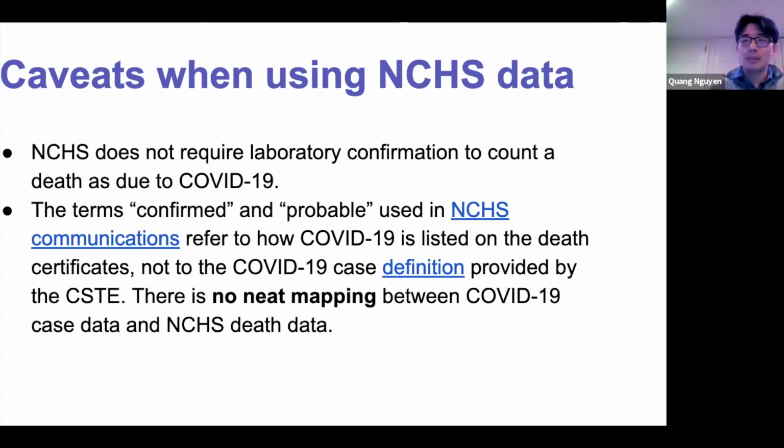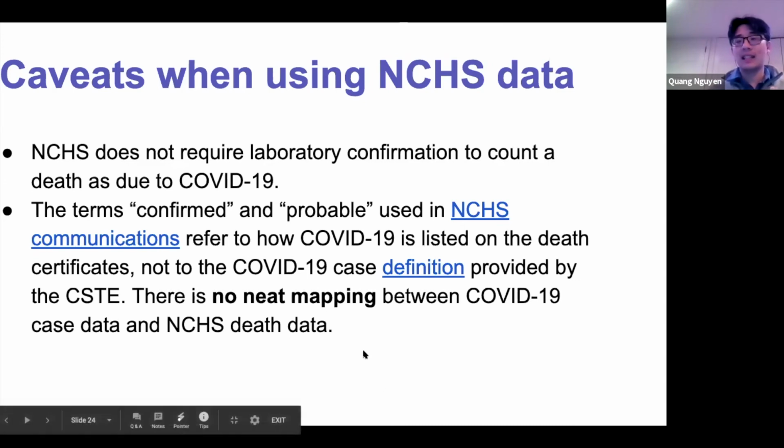The terms confirmed and probable in NCHS communication are a bit confusing, but most of the time they refer to the way that physicians sometimes strongly suspect that someone might die of COVID-19, so they put probable or presumed COVID-19 on the death certificate. The NCHS actually does not provide a breakdown of deaths into any of these categories. So there's no neat mapping between COVID-19 case data definitions and NCHS death data definitions.